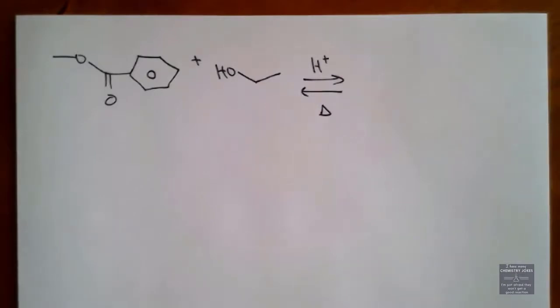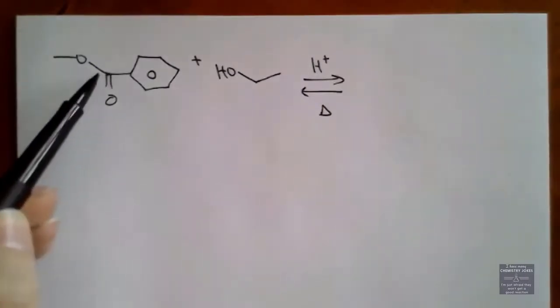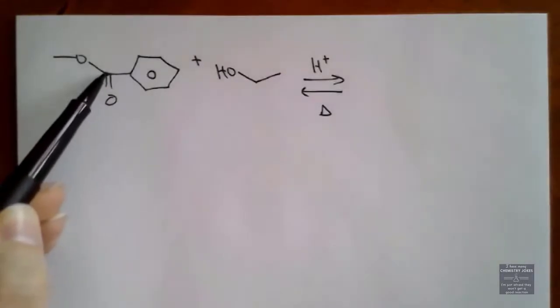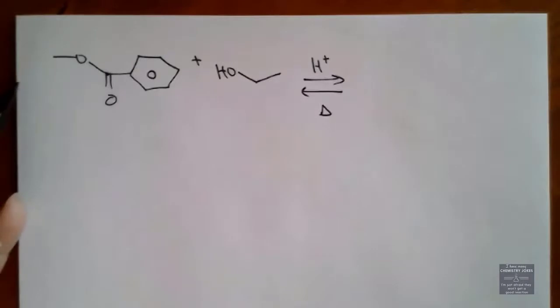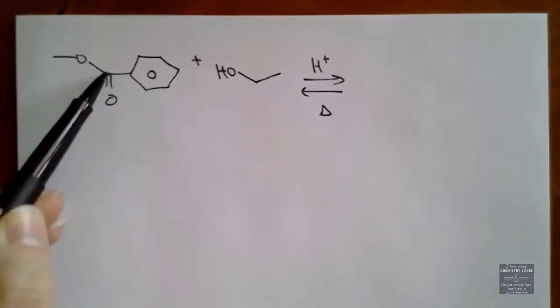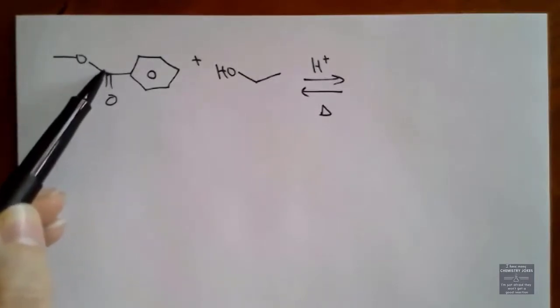Esters are a little bit different from those because they're starting to cross the threshold of this carbon not being partially positive enough for many nucleophiles to just attack straight out of the gate. This carbon needs to become more partially positive in order to be attacked.